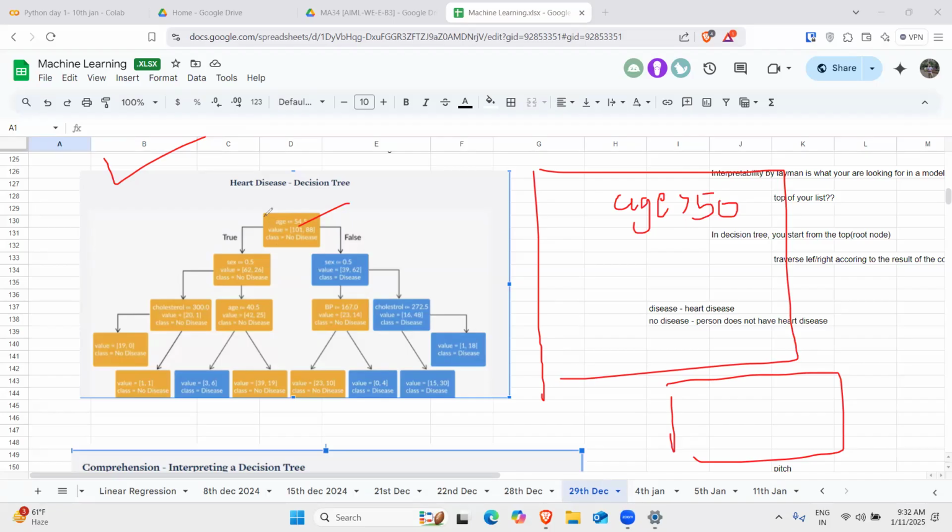Do you agree that if I select age greater than 50, I will have a different decision tree than this? Yes or no? So my decision tree will be different in what sense? I'll be able to capture another pattern, another accuracy, which this decision tree has not captured if I select this. Yes or no, Gopi?